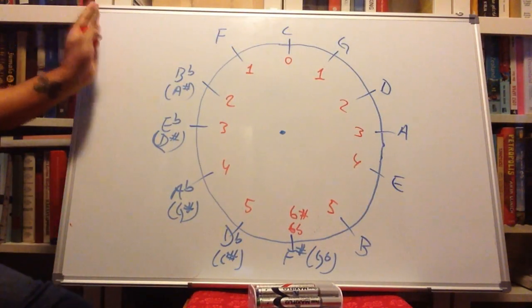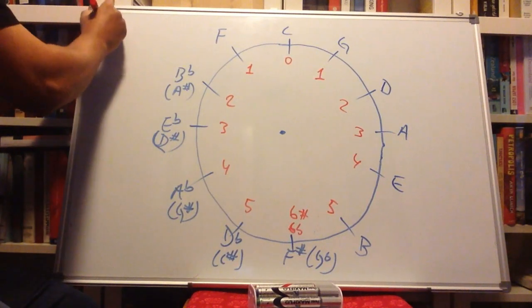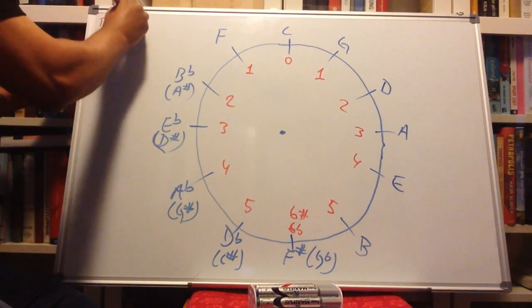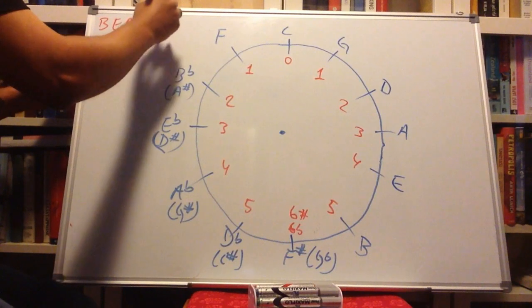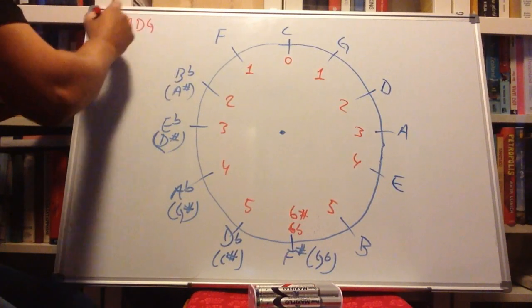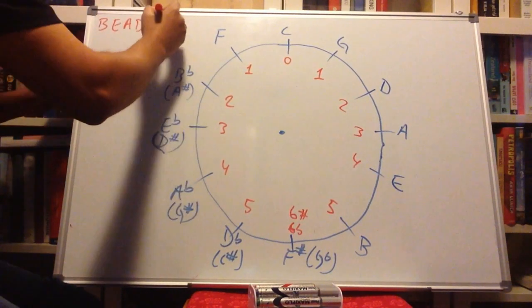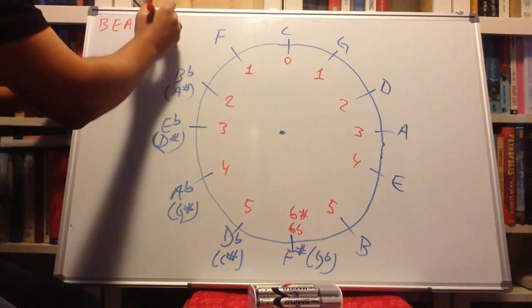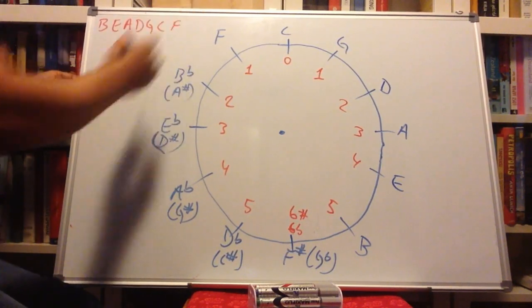For example, for the flat side we have B, E, A, D, G, C, F, right?